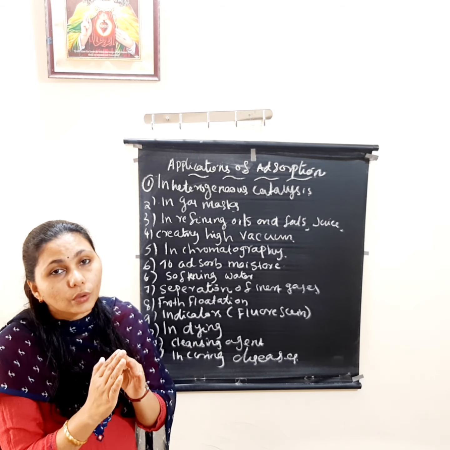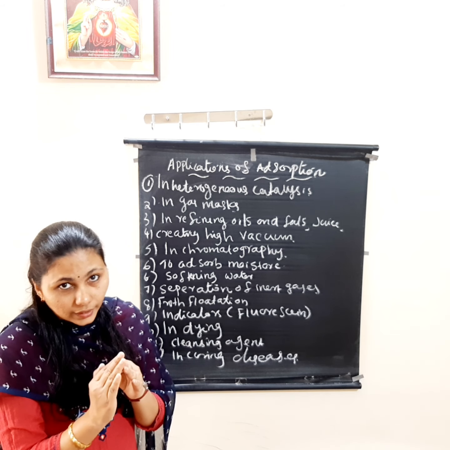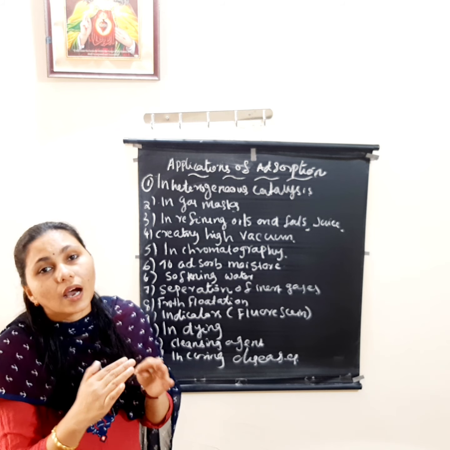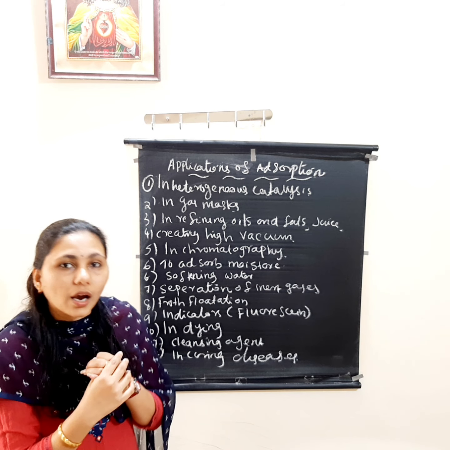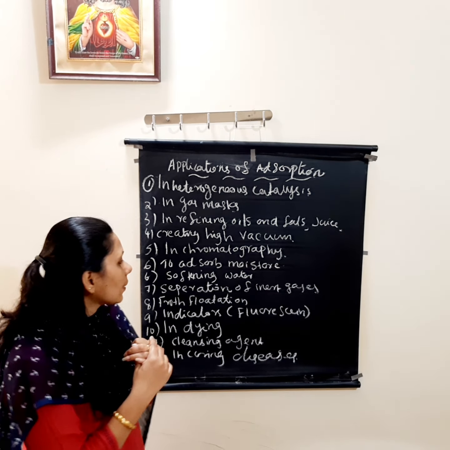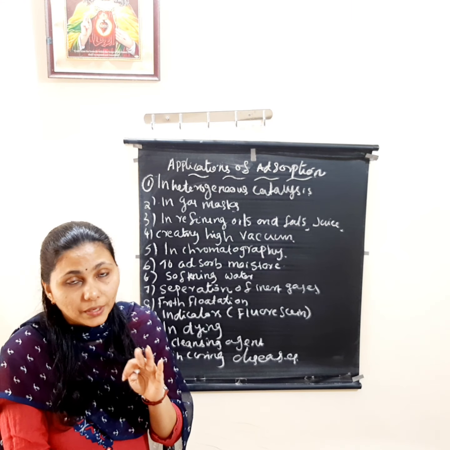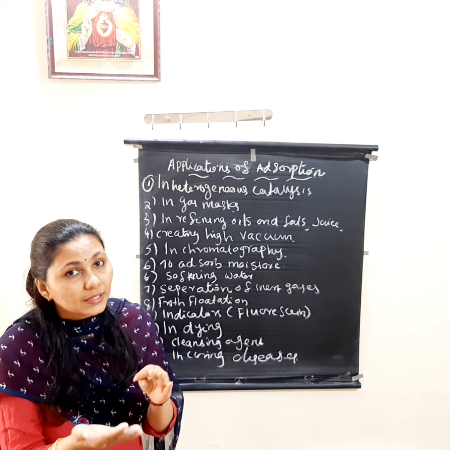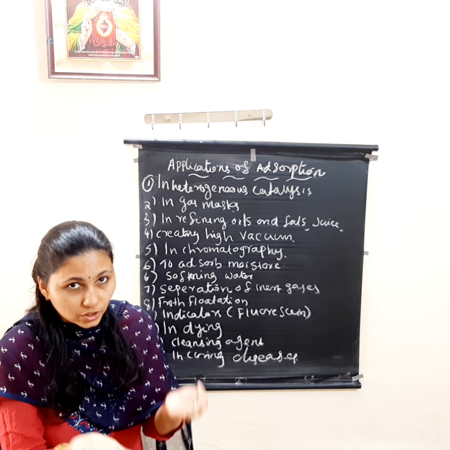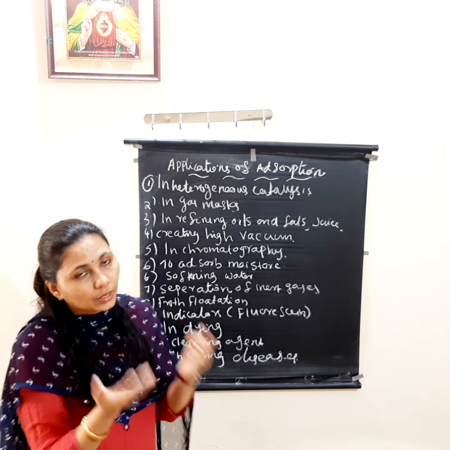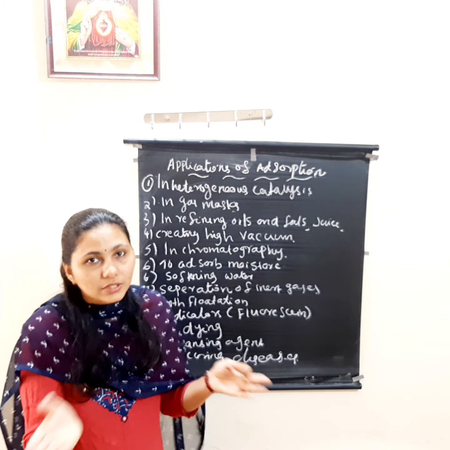Ion exchange resins also act as an adsorbent, so they will adsorb the hardness producing substances from the hard water. Then separation of inert gases. If you want to separate a mixture of inert gases, that means helium, neon, argon, krypton, xenon, etc., we can use a suitable adsorbent to remove or separate them.